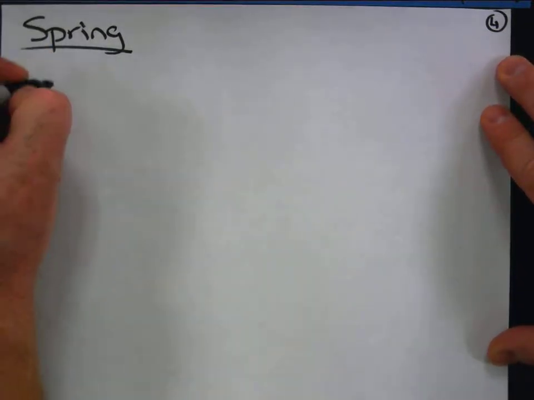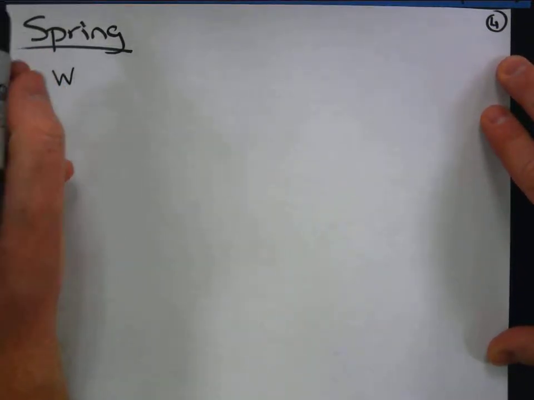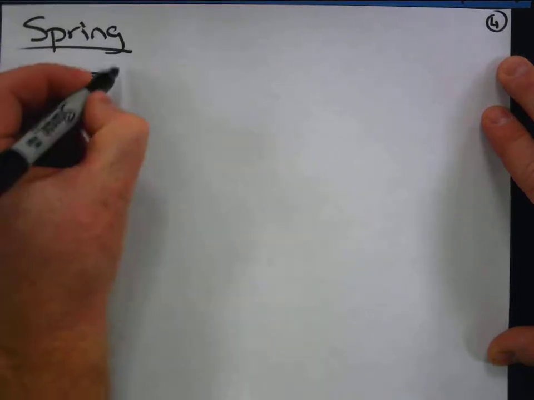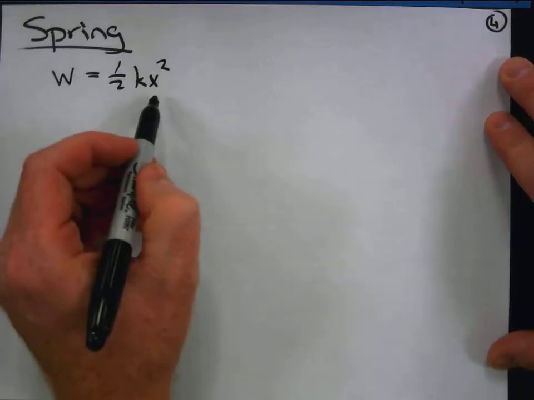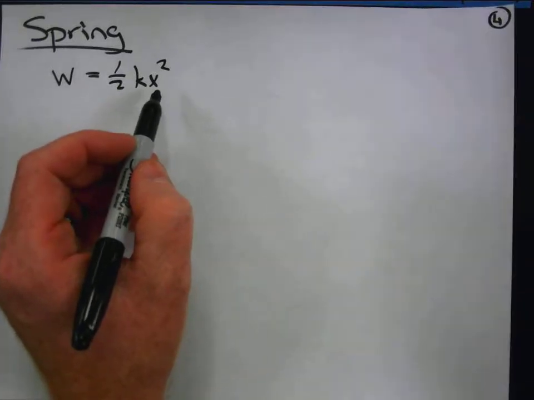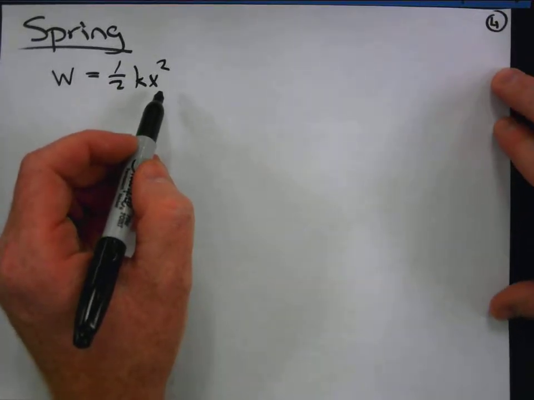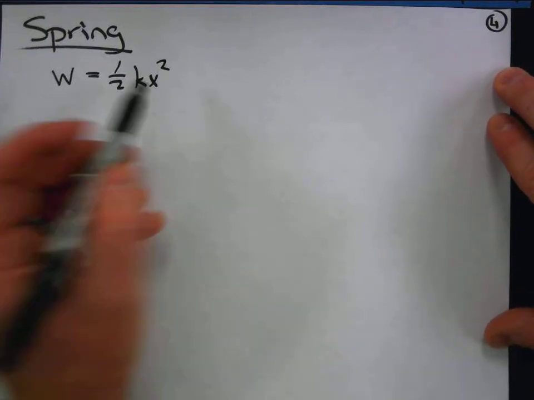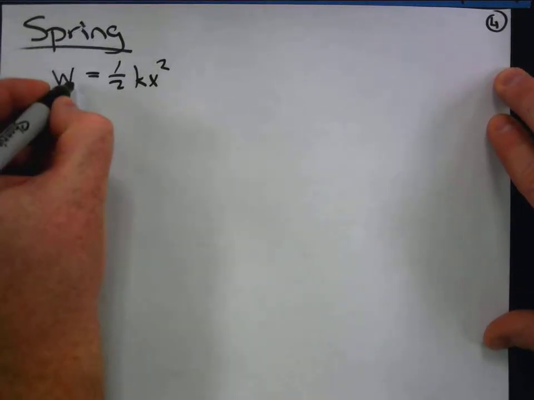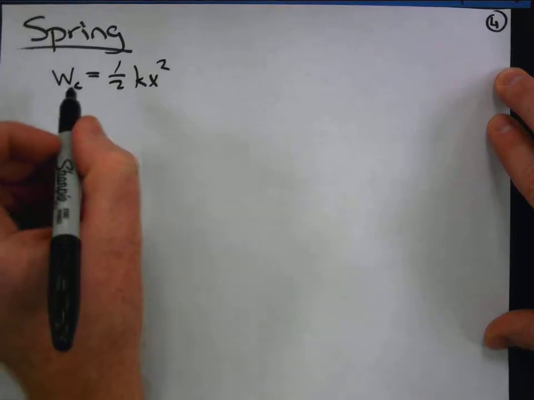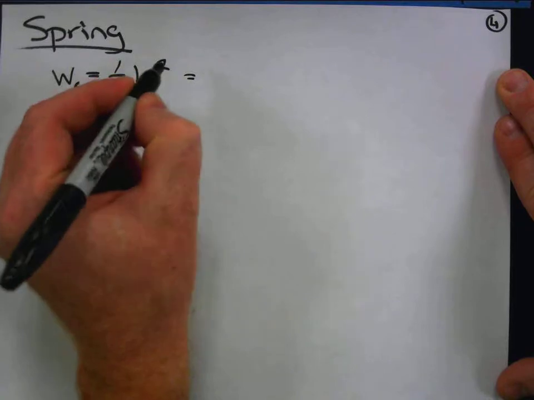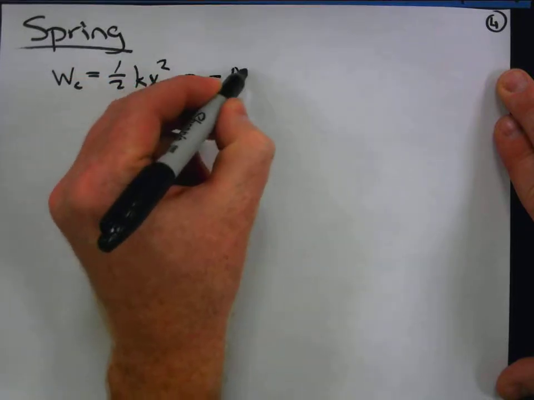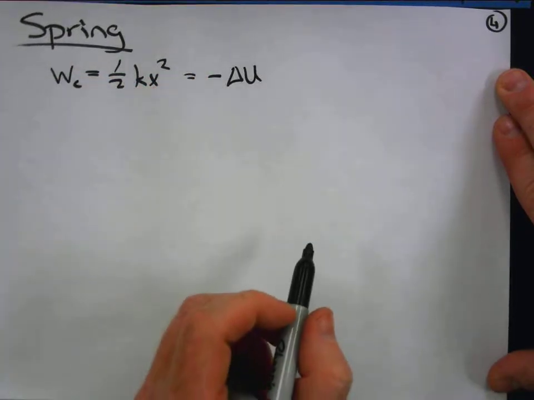Now, what we know about springs already is that the work done to compress a spring is equal to 1/2 kx squared, where x is the amount of compression or stretch done to the spring. Well, the force in a spring is a conservative force, and so we have work done by a conservative force here. And that work done by a conservative force is going to equal the opposite of a change in potential energy.